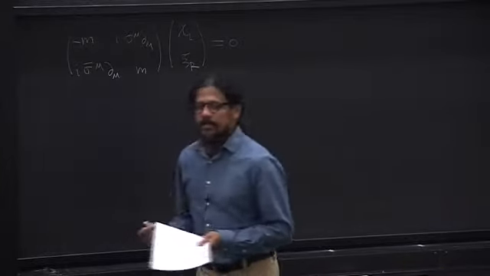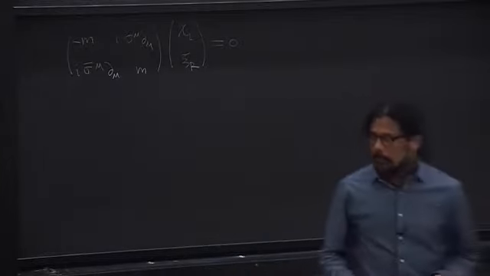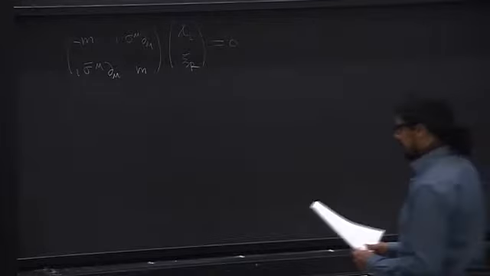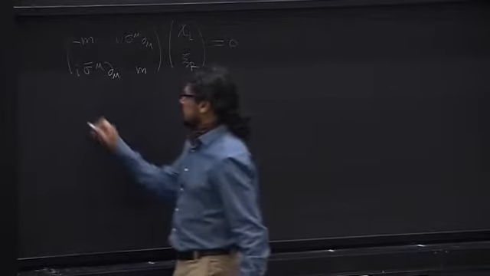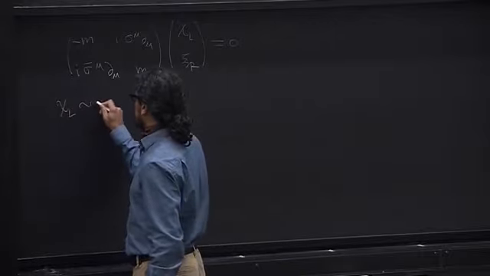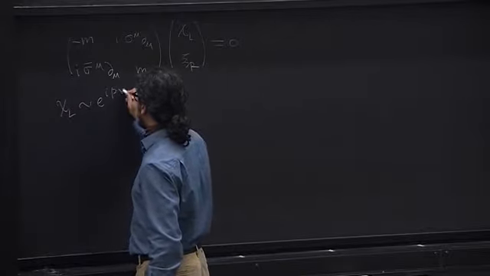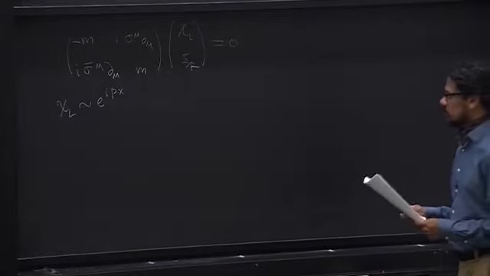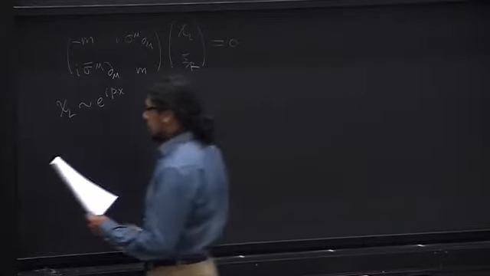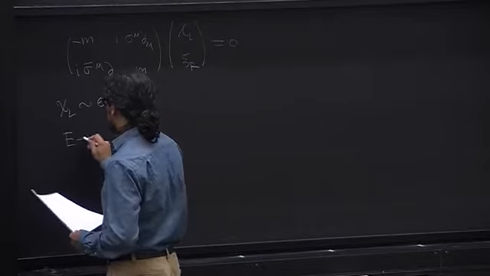Now let's look at the plane wave solutions, e to the power i p dot x, where p is the four momentum vector. Then this equation in momentum space looks like this.